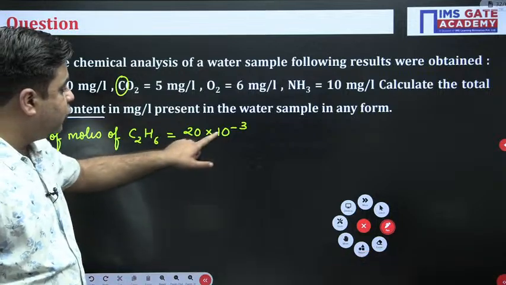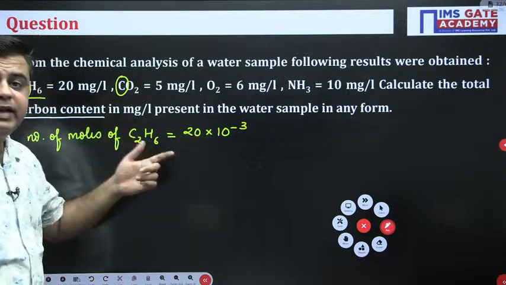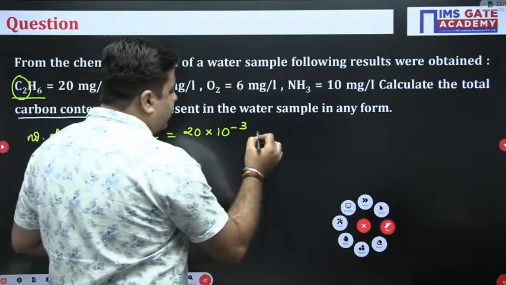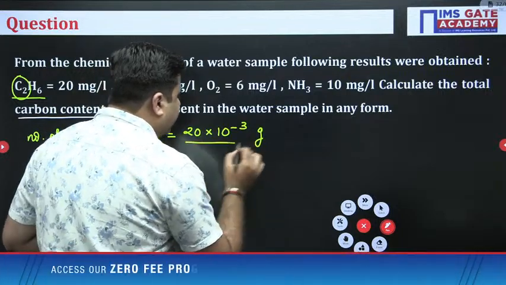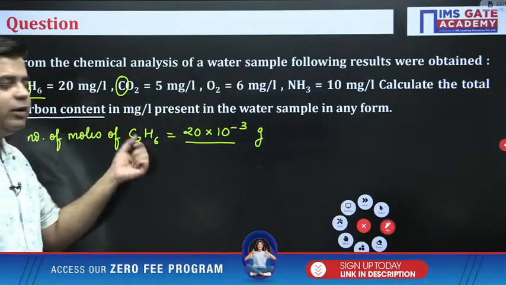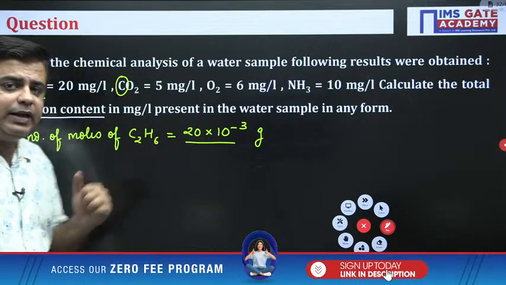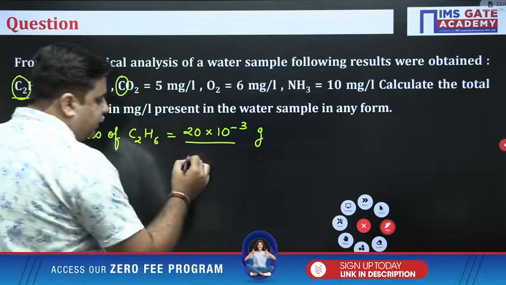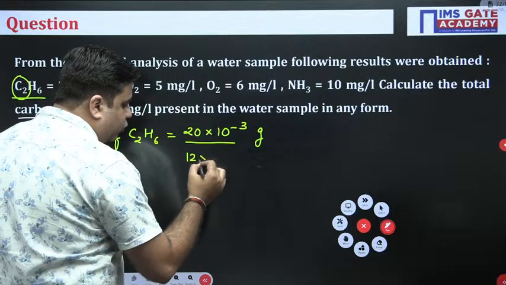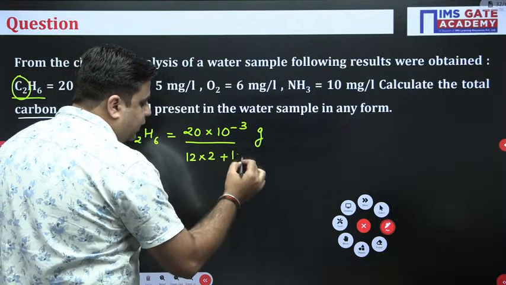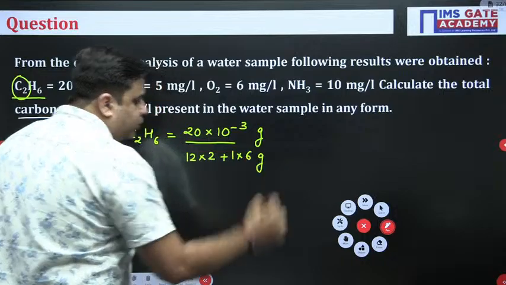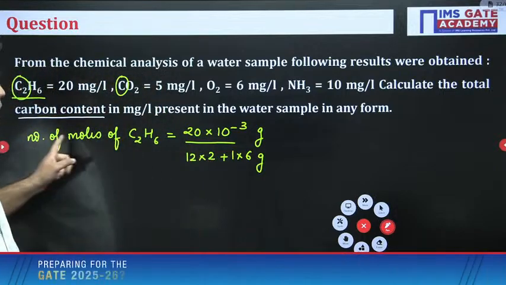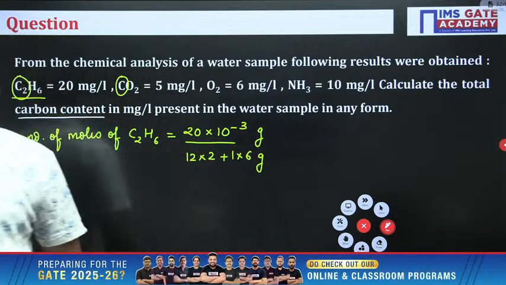So this is the weight of C2H6 in grams: 20 into 10 raised to the power minus 3 grams, divided by the molecular weight of C2H6, again in grams. The molecular weight of C2H6 will be 12 into 2 plus hydrogen 1 into 6. Calculate the number of moles of C2H6.